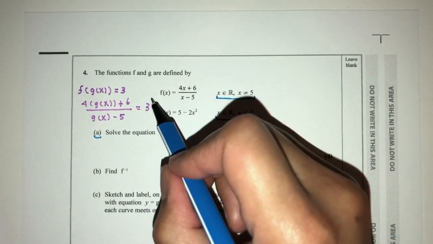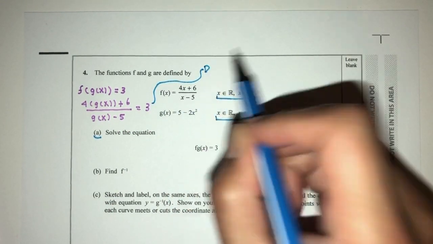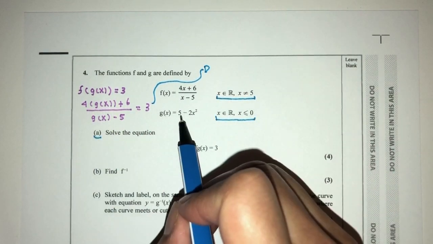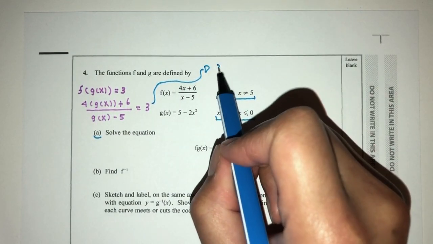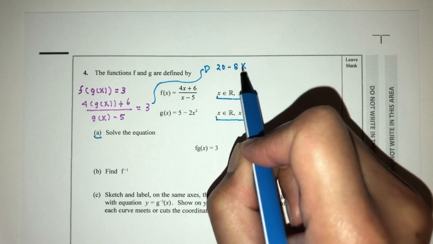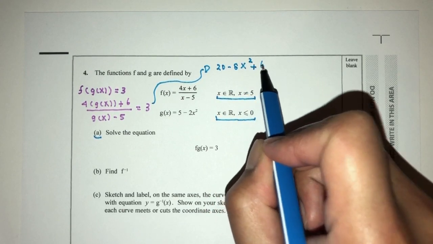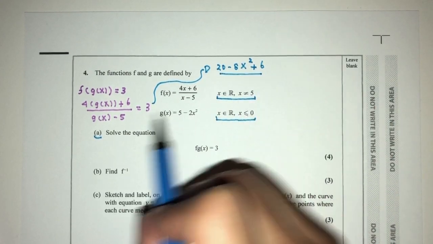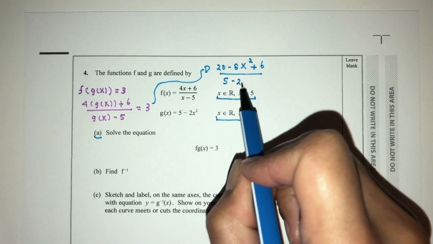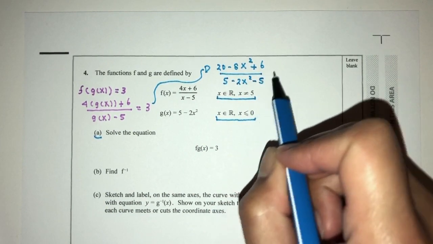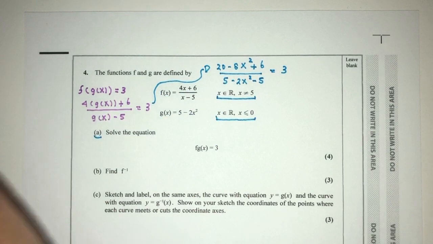Let's try to simplify this some more. So 4 times g of x will be 4 times this, which is 20 minus 8x squared, plus 6, over g of x, which is 5 minus 2x squared, minus 5, equal to 3.